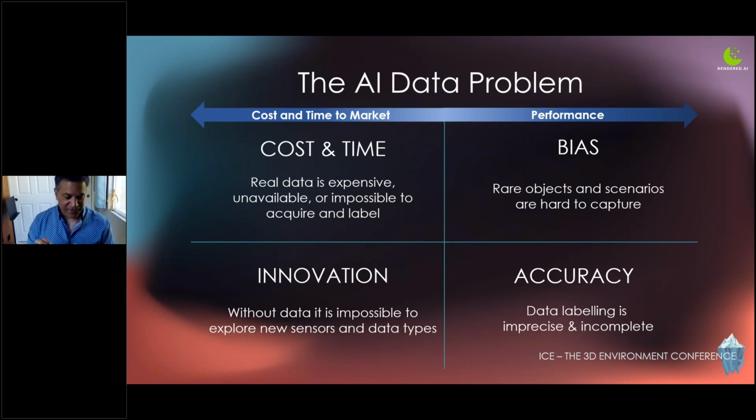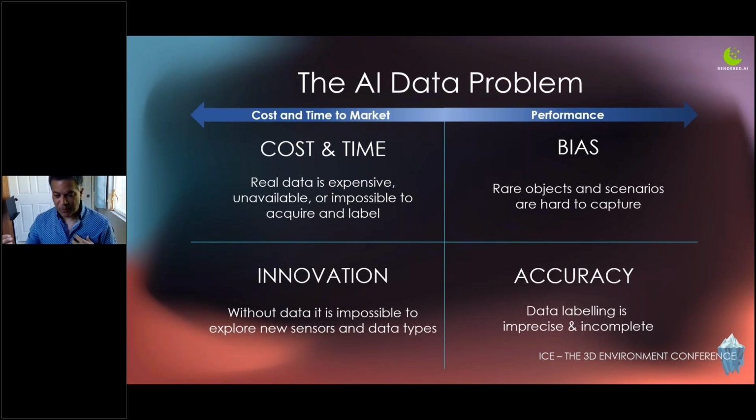These types of implementations frequently run into some very common issues. On one hand, what we most often think about is the issues on the right here, which is that real data captured with real sensors tends to only capture the stuff that happens commonly. So real data sets are often biased against or away from rare objects and scenarios.